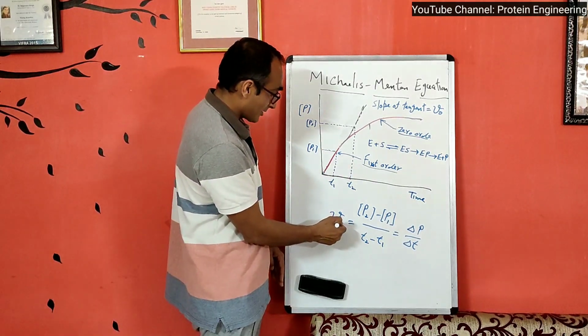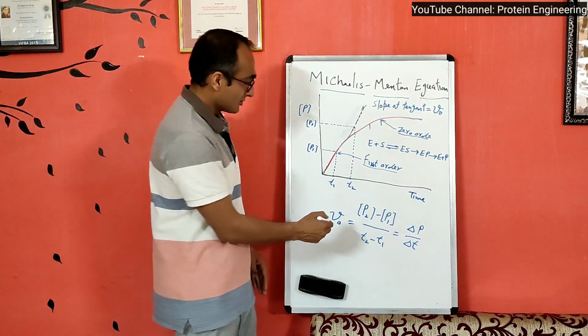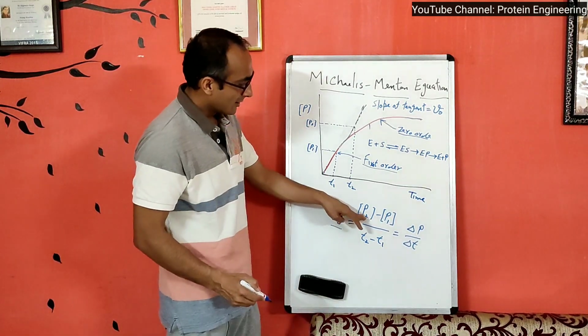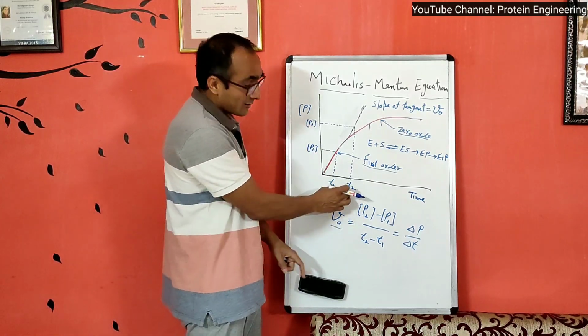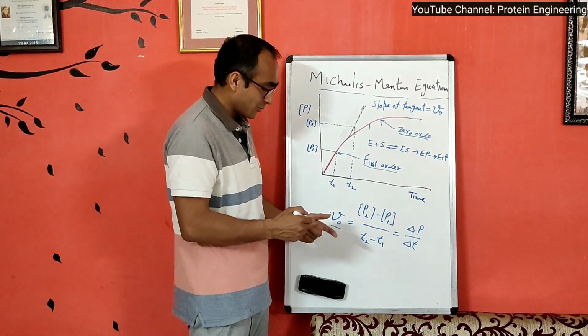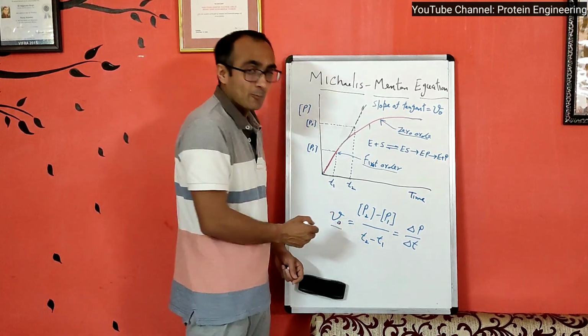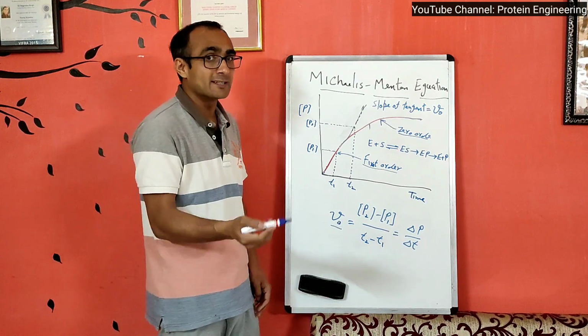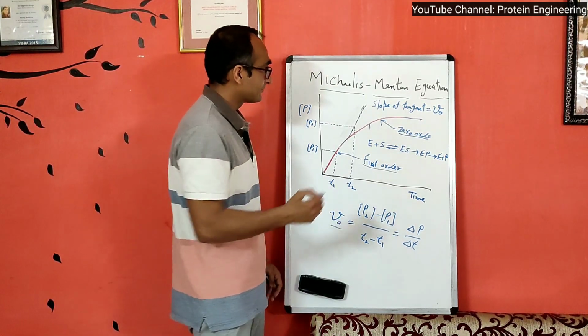We represent this by V naught, which means initial rate of the reaction. So the initial rate would be P2 minus P1, the change in product concentration within the given time. That's how we calculate the rate of the reaction, and to have a more precise value, we always consider the initial rate, represented by V naught.